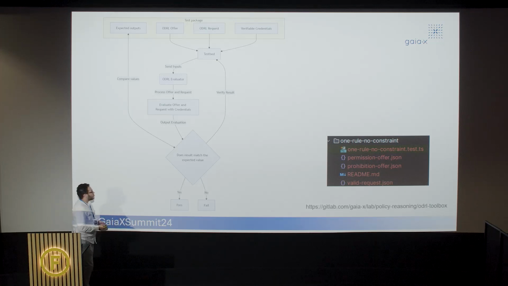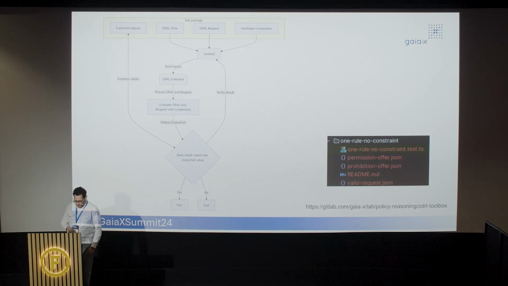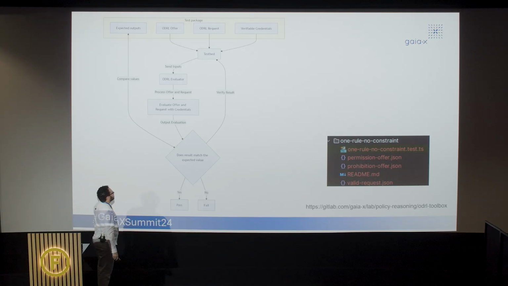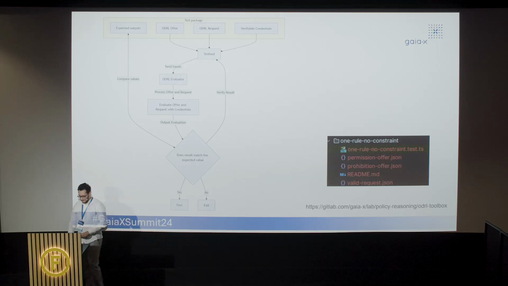This goes through the test bed, which calls any kind of ODRL evaluator, sends the offer and the request, and the verifiable credentials, sees what kind of evaluation results, and checks the output afterwards to see if it's the expected one or not. If yes, it's of course a pass. Otherwise, it's a fail. And you can see here the code for a very, very simple example, which is already available in the GitLab, the Gaia-X GitLab.